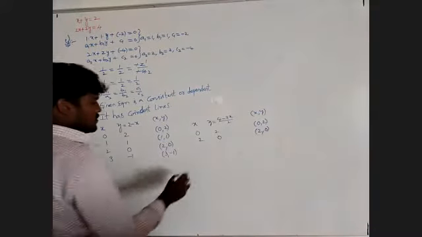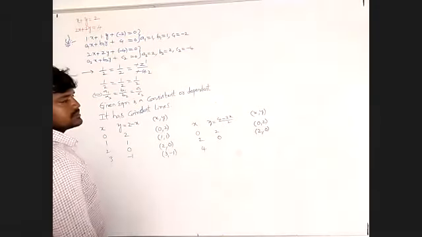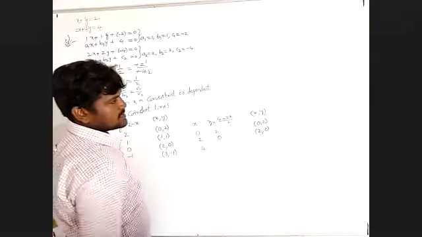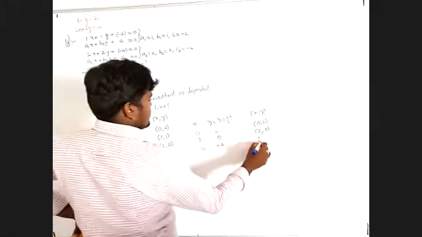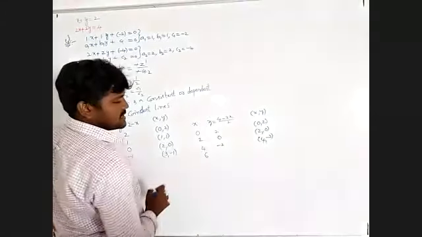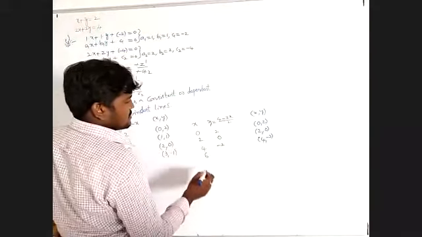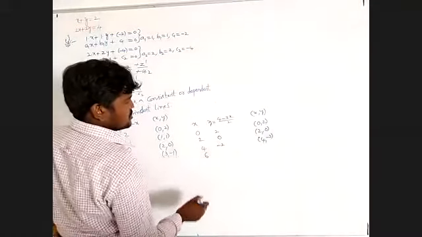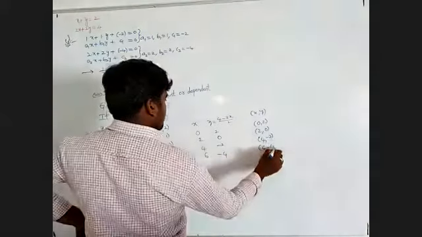Otherwise we have to take 4. 2 4s 8. 4 minus 8 becomes minus 4, minus 4 by 2 becomes minus 2, that is 4 comma minus 2. Otherwise we have to take 6, 6 twos 12, 12 minus 4 becomes minus 8, minus 8 by 2 is equal to minus 4, that is 6 comma minus 4.